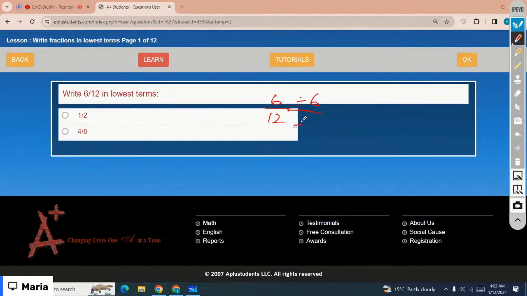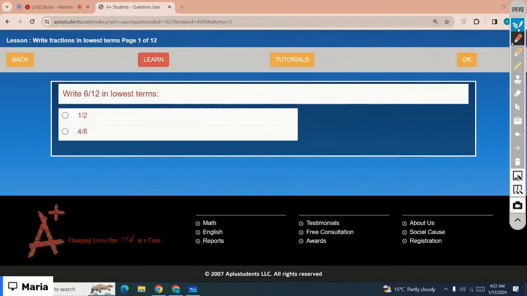Divide them by 6. So 6 divided by 6 is 1 and 12 divided by 6 is 2. So when you convert them into lowest form, it would be 1 over 2, right? The correct option is 1 over 2.